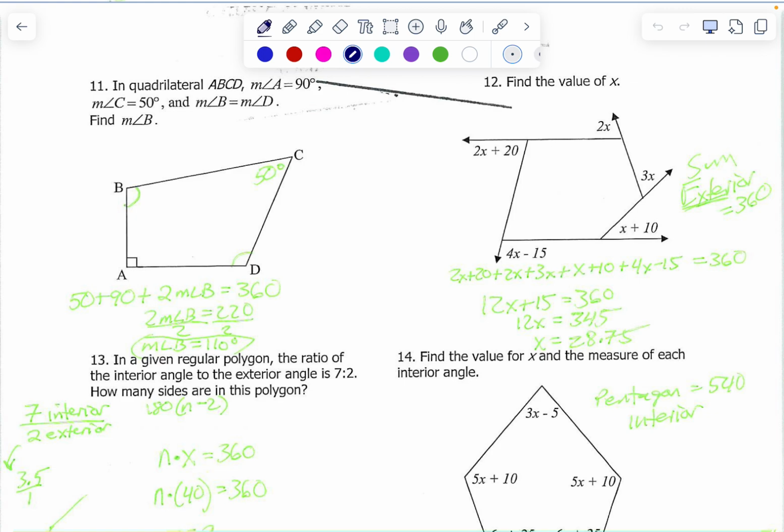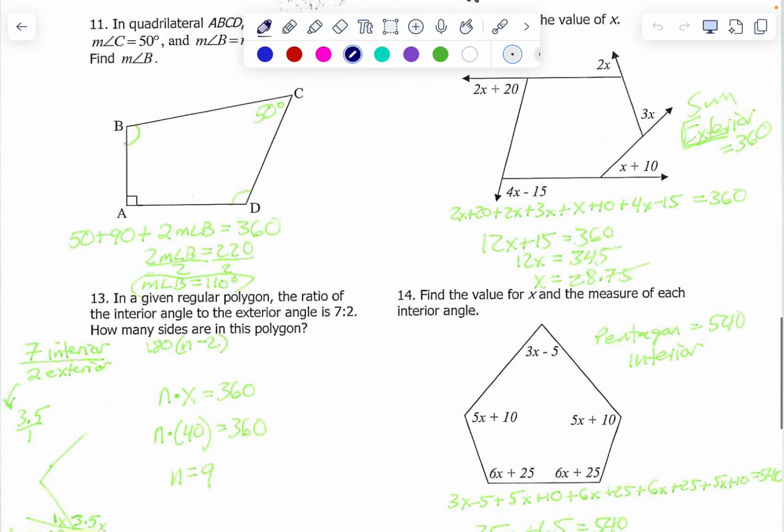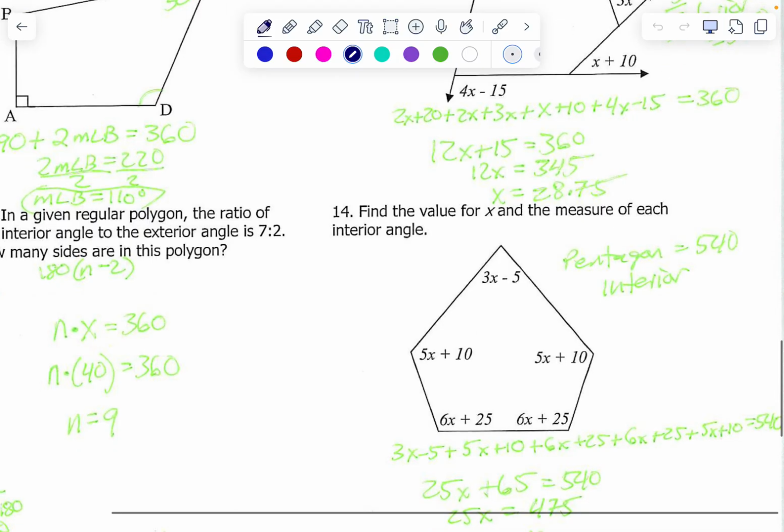Number 12, these are all exterior angles already. They add up to 360, so it's just kind of a long equation. Lots of X's and other terms. But once you do that, you get 28.75 for X. Number 14, another pentagon, so they add up to 540 on the interior.